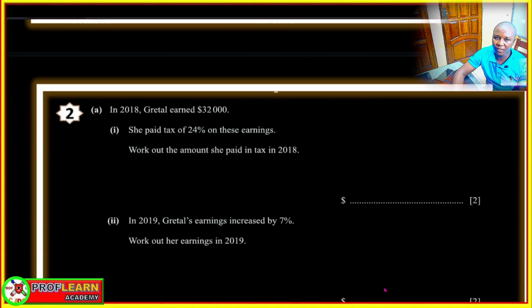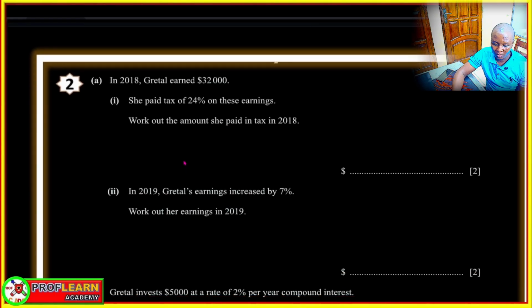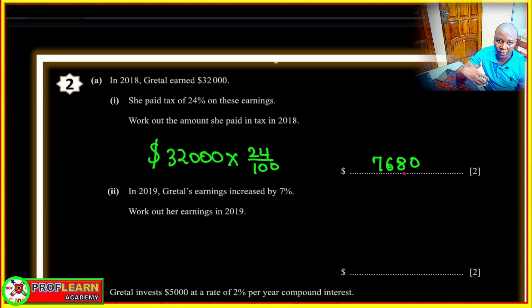If you're given that amount and the percent of payment, this is going to be 32,000 times 24 over 100, because 24% as a fraction is 24 over 100. If you simplify this, you're going to get 7,680.